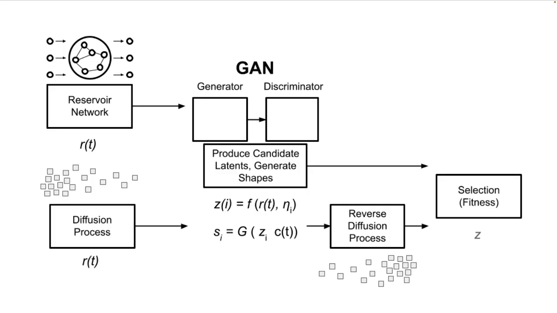So what we have here is a pipeline where we have a generator of variation. We have something that discriminates between good and bad things, or maybe viable and inviable things, in a latent space. And then we have a genetic algorithm with a fitness function that allows us to select the optimal forms. If you think about the last example, we can use a generative process to generate a lot of potential forms.